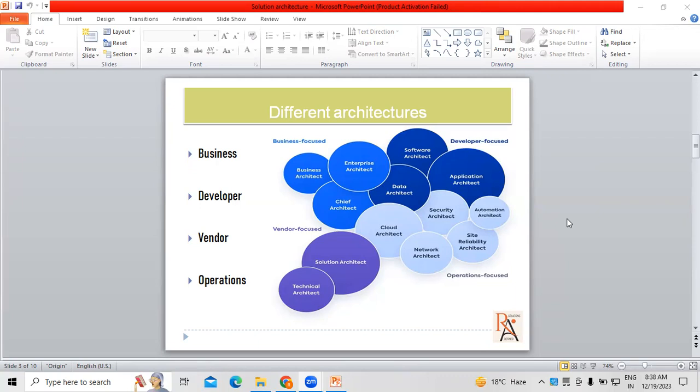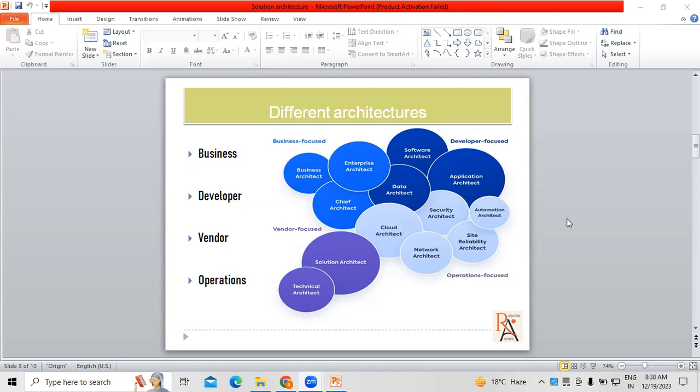Followed by this, network architecture, because how the network will be built for any application is required. Next, cloud architecture, because nowadays most of the applications are being transformed to the cloud environment. This is where cloud architecture comes into the picture.